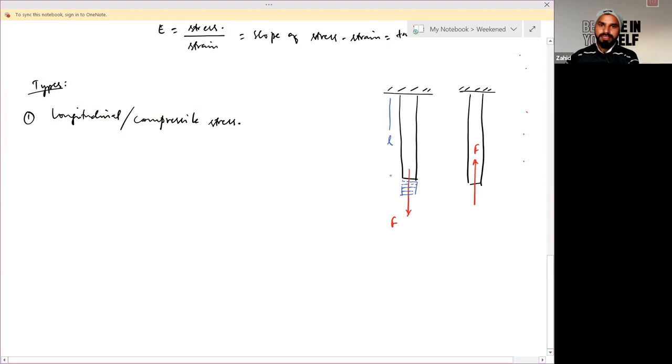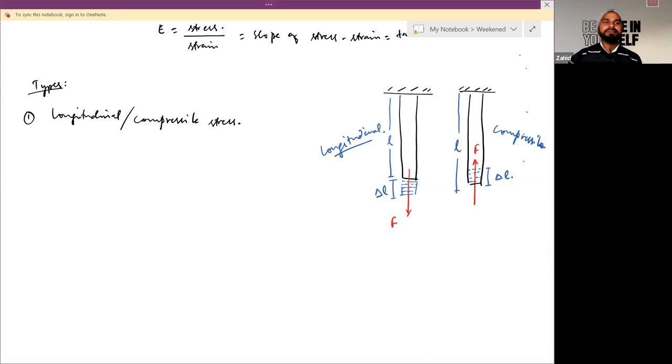The original length of the body is this much, and the deformation is till this part. In terms of elongation, it will be termed as longitudinal, or in terms of compression, it will be termed as compressive. Both are the same, differing only in direction. Is it clear?